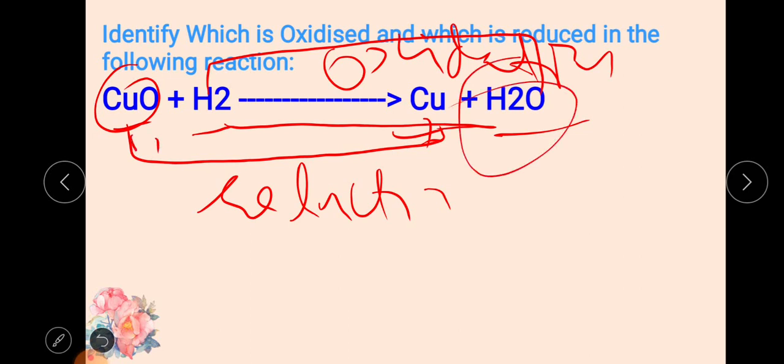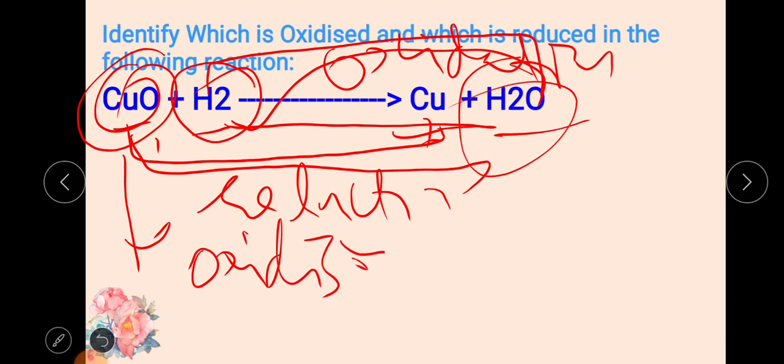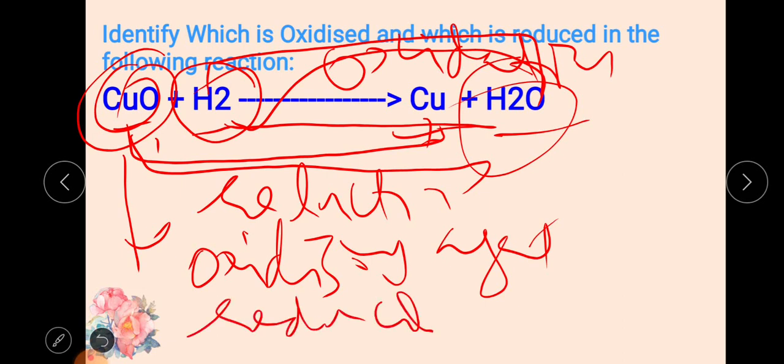Which is the reducing agent here? Copper oxide is reduced, so hydrogen is the reducing agent. Hydrogen is oxidized, so copper oxide is the oxidizing agent. Are you understanding? The oxidizing agent is copper oxide, which helped the oxidation. The reducing agent is what helps to reduce, and both oxidizing and reducing agents are from the reactants only, not from the products.